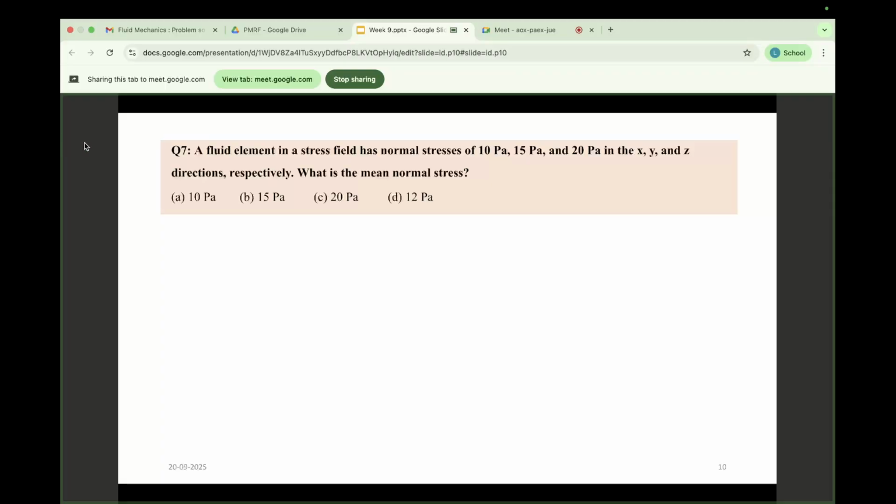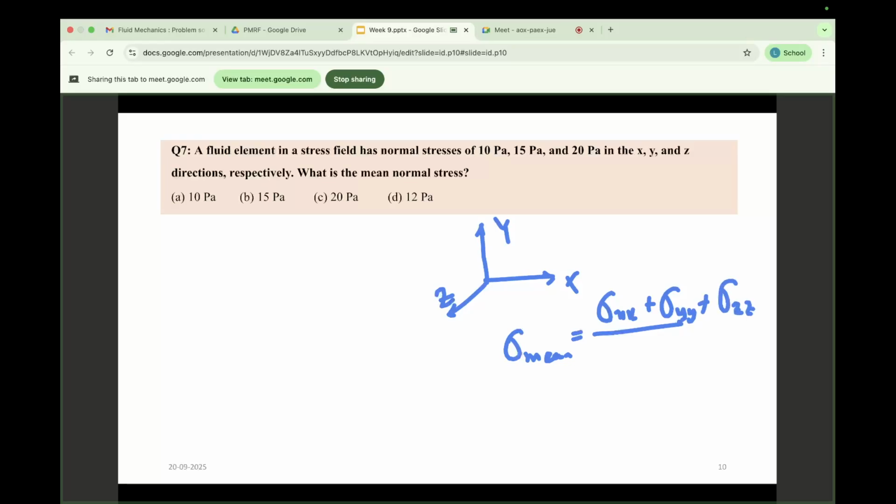So basically, this mean normal stress, which is also the hydrostatic stress, is the average of the summation of stress in three directions, x, y, and z. So always it is the same mathematics: in the x direction plus the y direction plus the z direction, divided by 3.